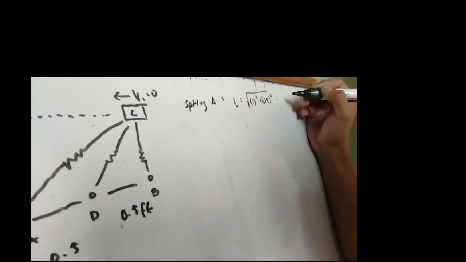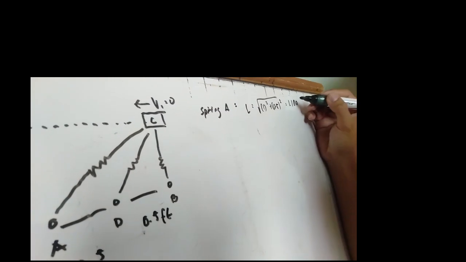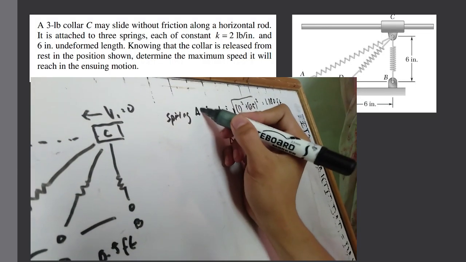So we have 1.1180 feet. This is its distance. Then, the change of length is simply 1.1180 minus 0.5. The change of length is equal to 0.6180 feet. This is for spring AC.